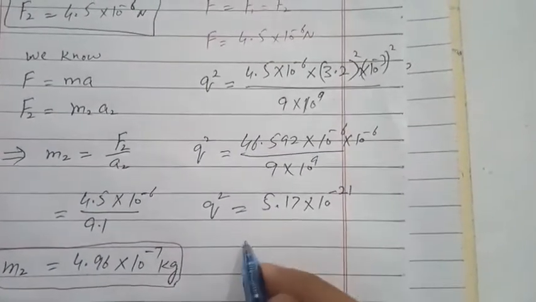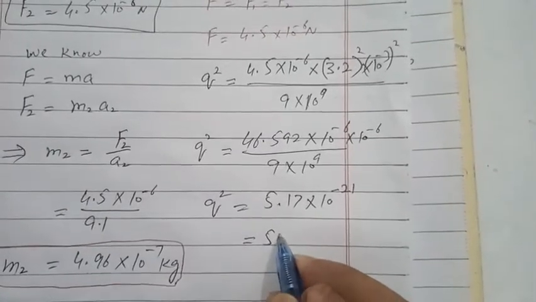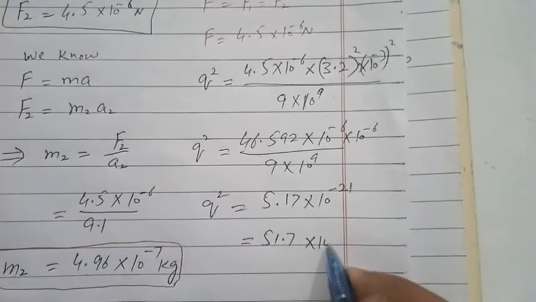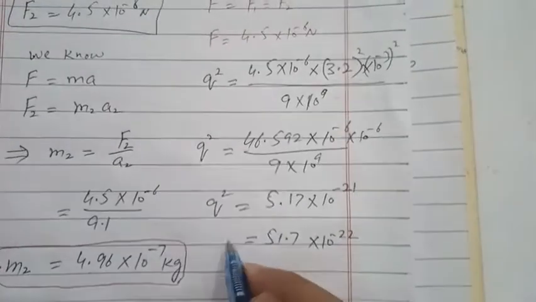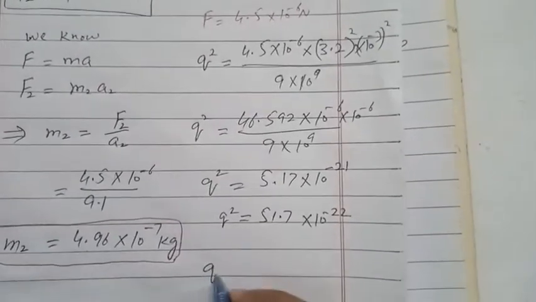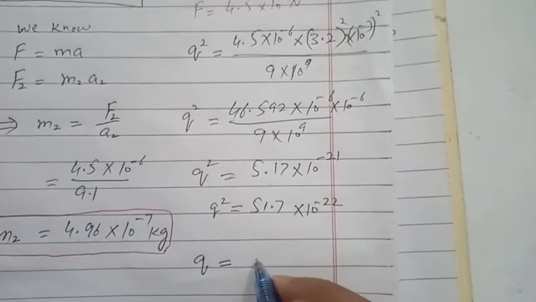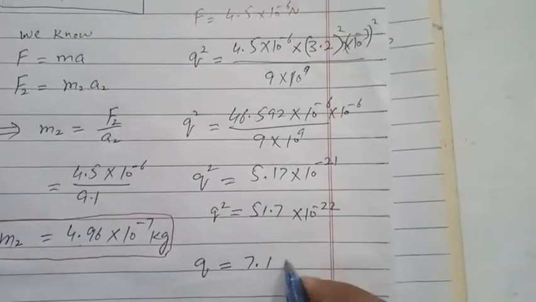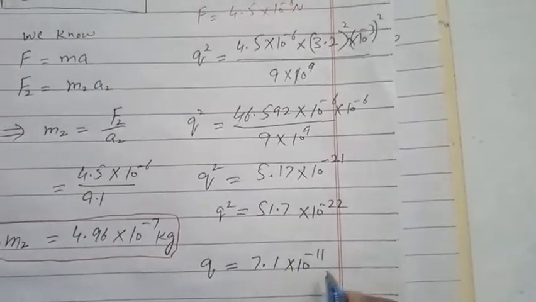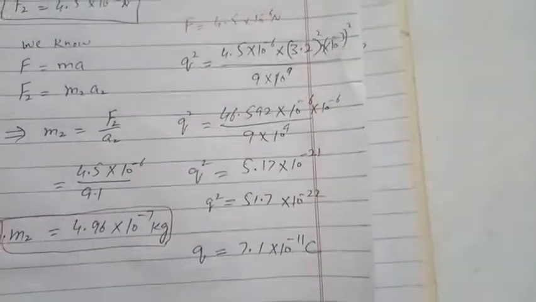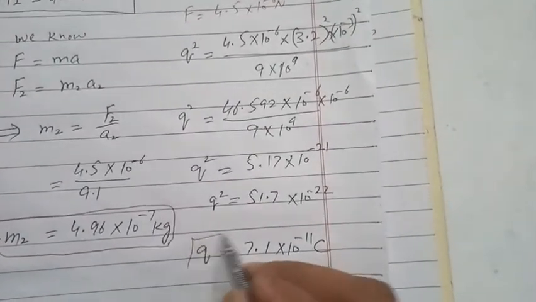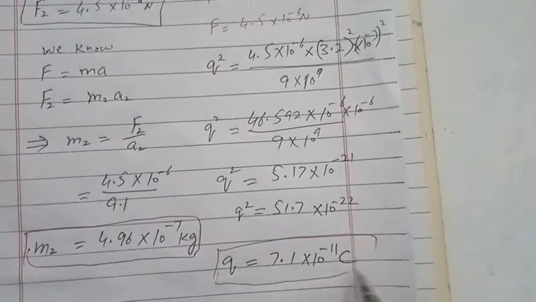Now I can write this number as 51.7 into 10 to minus 22. Taking square root on both sides, the value of charge Q is equal to 7.1 into 10 to minus 11 coulomb. So this is the charge on each particle.